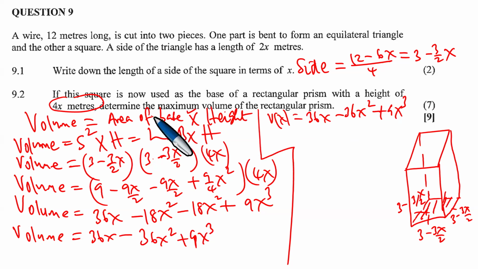Okay, obviously we want to find the maximum volume, so we find the derivative here, which is 36, 2 by 36, 72x, 3 by 9 is 27.